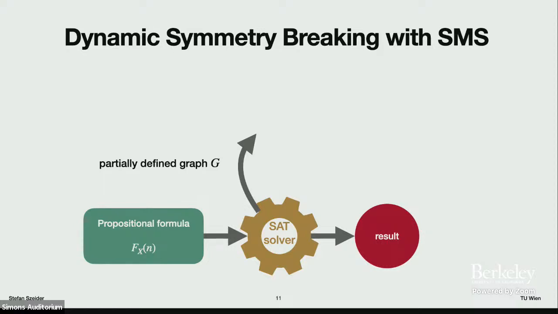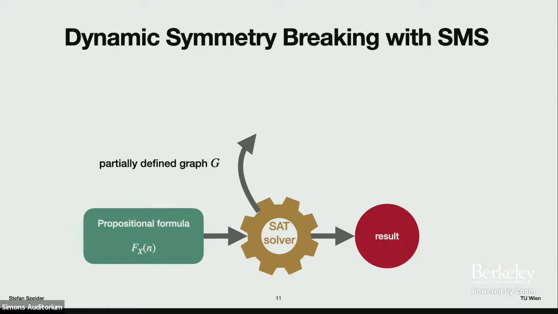We always know for our formula, in the SAT solver, of course, not all the variables are assigned. We have some assigned to true, some assigned to false, and there are some undecided variables. And now we use the same thing for a graph. We have some edges we know are present, some edges we know are absent, but then there are some undecided edges.